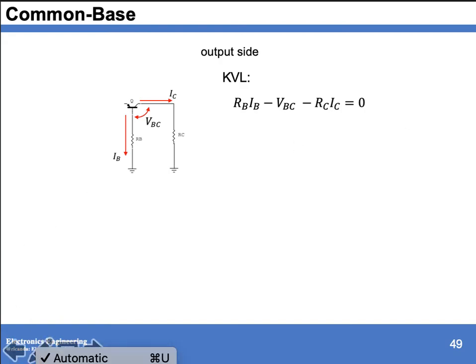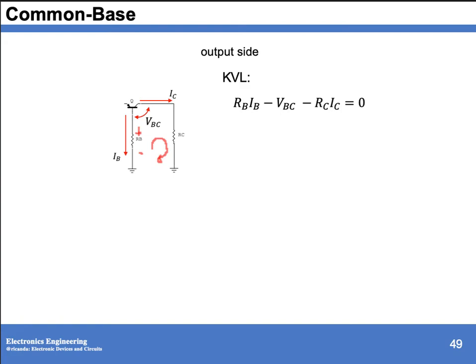So why is your RB IB positive? Remember that a current will enter at your resistor as positive, then it will go as a negative. So if we get the loop from this side, we have positive RB IB minus voltage base-collector minus RC IC equals 0.